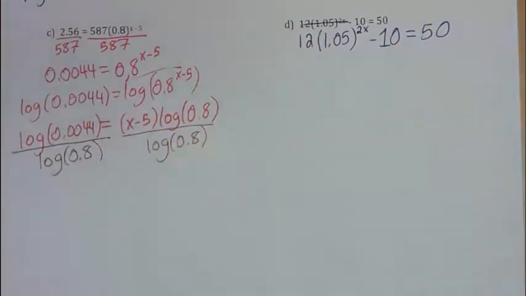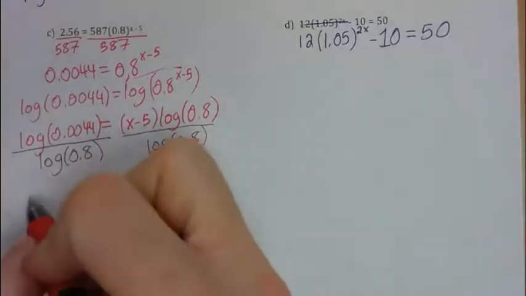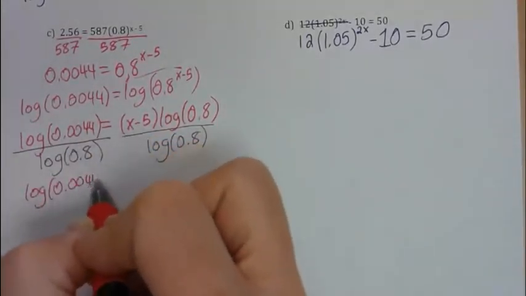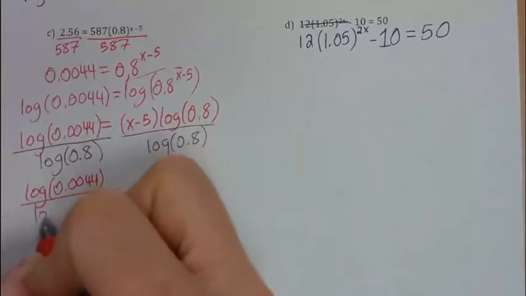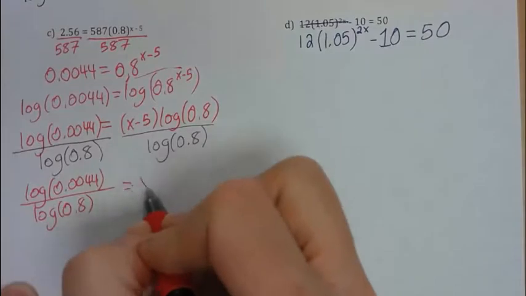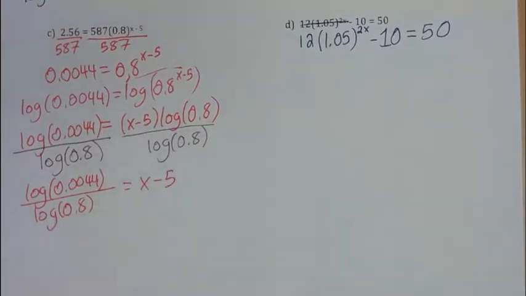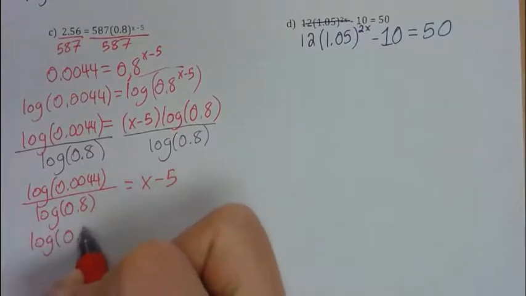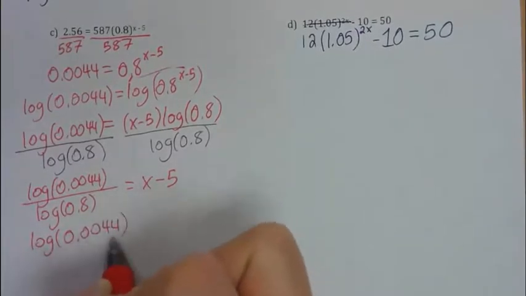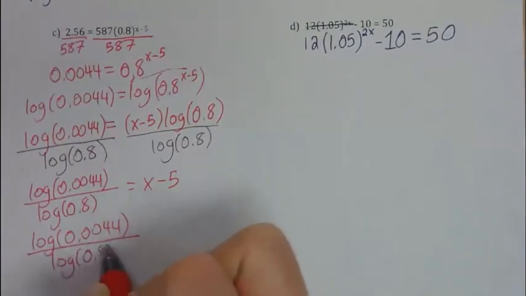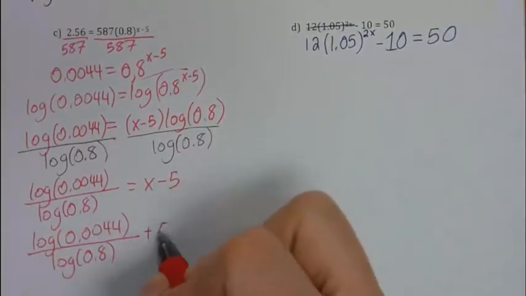So we have that, and then underneath it, we have this log of 0.0044 divided by the log of 0.8 equal to x minus 5. So it would just be adding 5 to both sides. That's the one little extra step on the end of this problem. So it would be a plus 5 there.